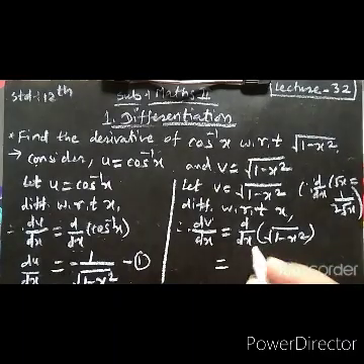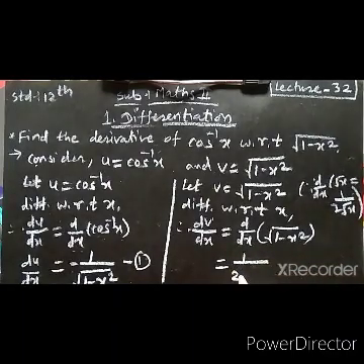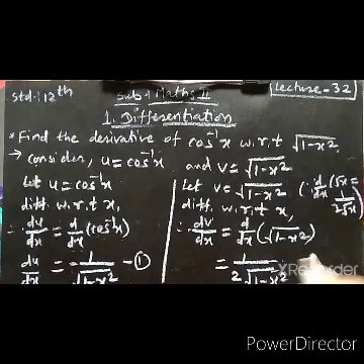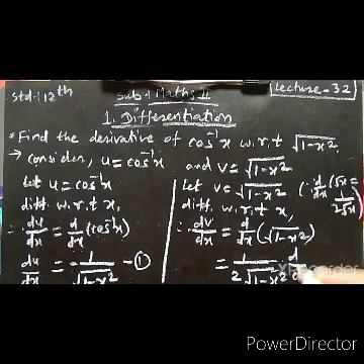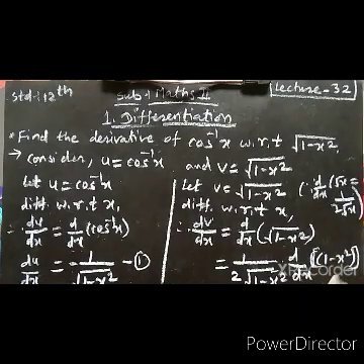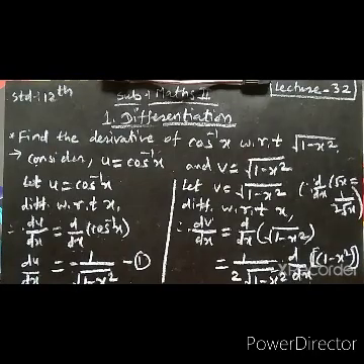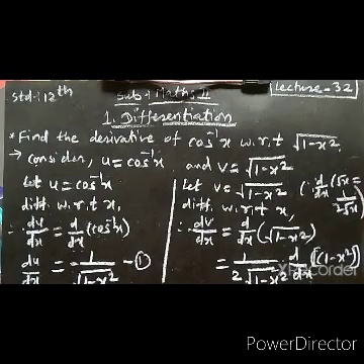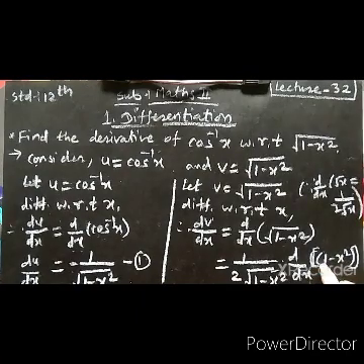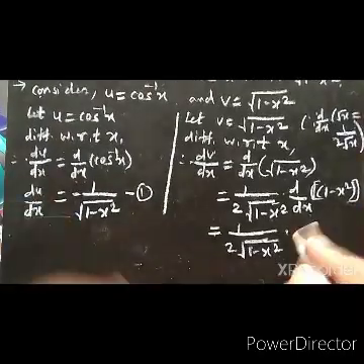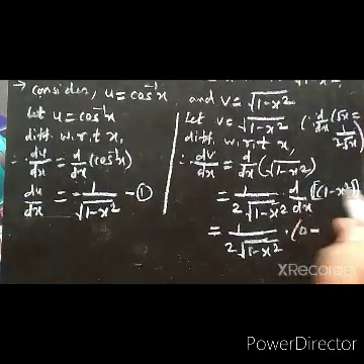So in this form we can write 1 upon 2 root 1 minus x square, and again the derivative of 1 minus x square with respect to x. Therefore here we got 1 upon 2 root 1 minus x square, and the derivative of 1 is constant, therefore its derivative is 0, minus the derivative of x square.